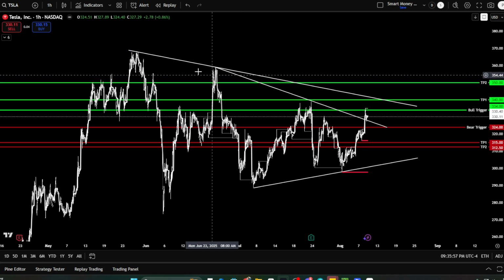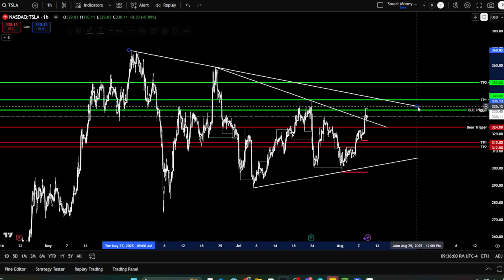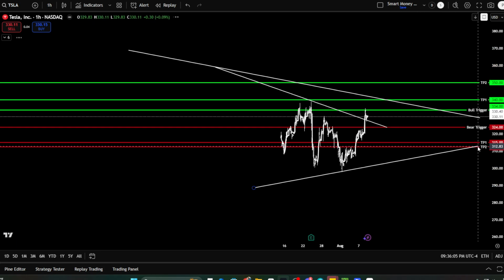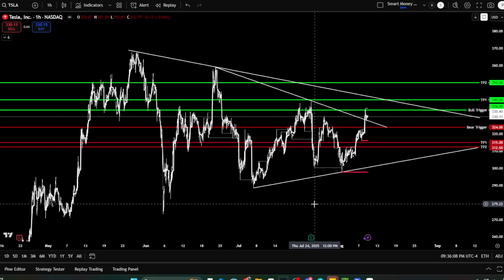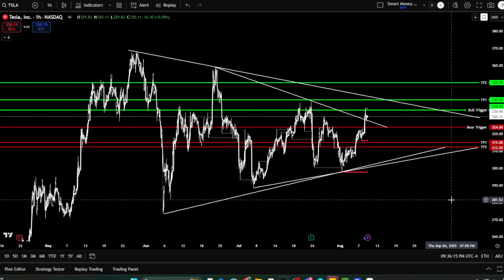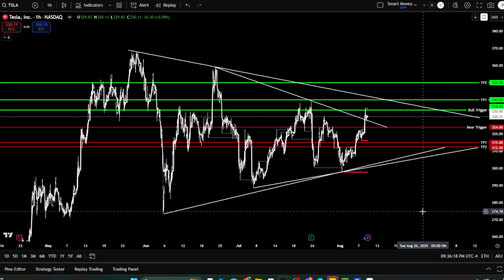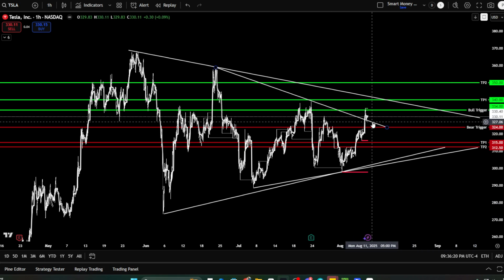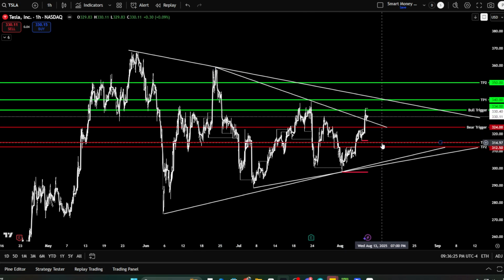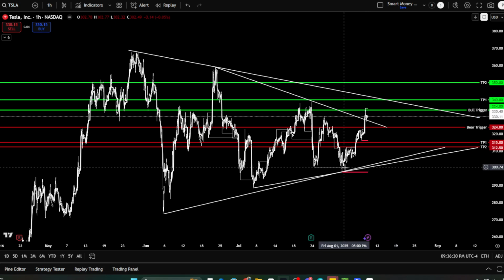We have been going back and forth for a while. We have a little bit more aggressive support side, but you can see we got that break up candle. We backtested it and held that level from that tighter triangle. Now we still could see resistance above, and we'll talk about that in a second. Our support level is going to be down here.